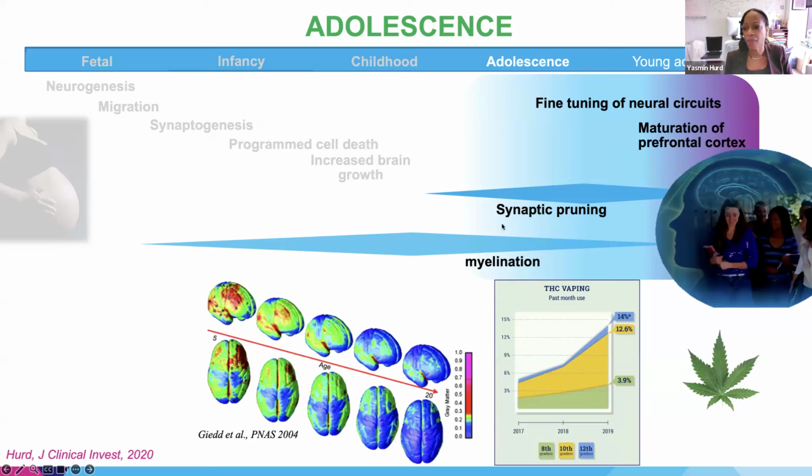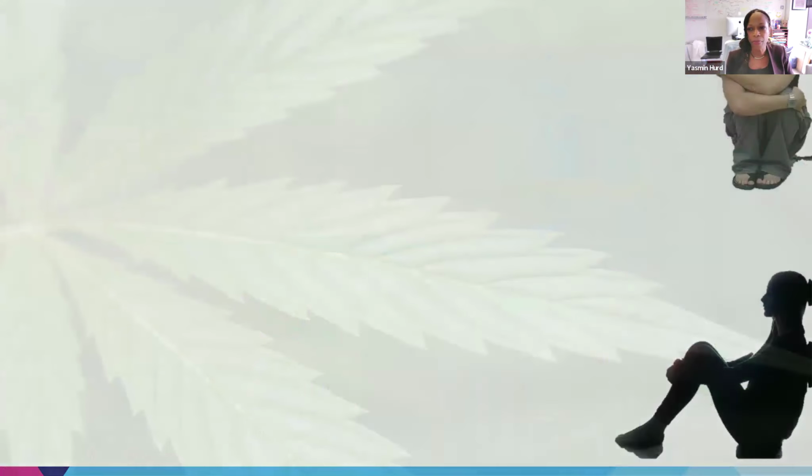And this is a time window where the endocannabinoid system plays a really important role in fine-tuning these neural circuits towards their final maturation. Unfortunately, it's also a time window where there's increased cannabis consumption, and now even growing vaping of these THC products that I showed earlier.